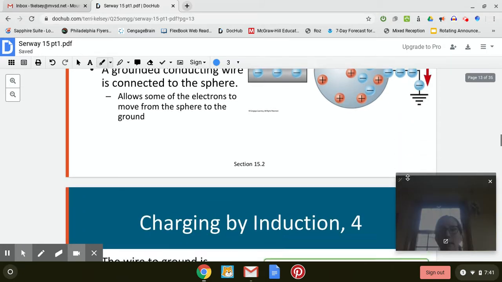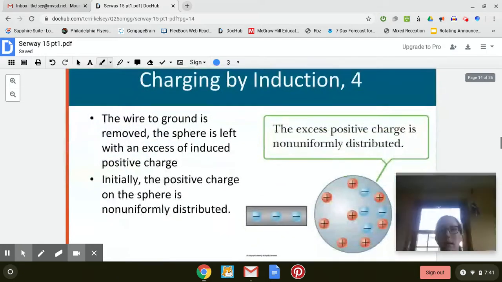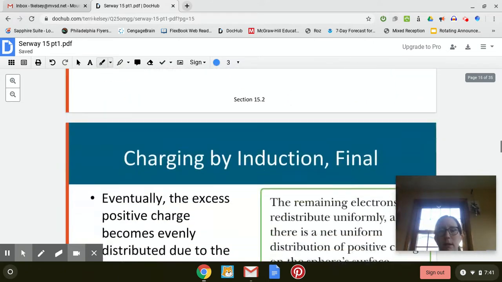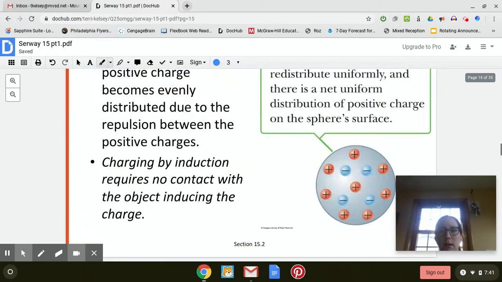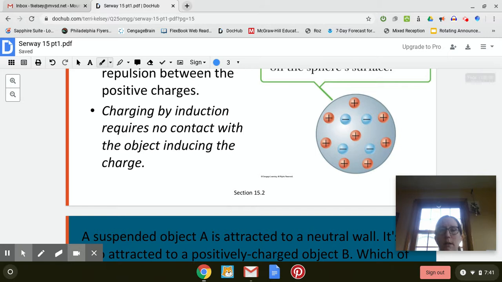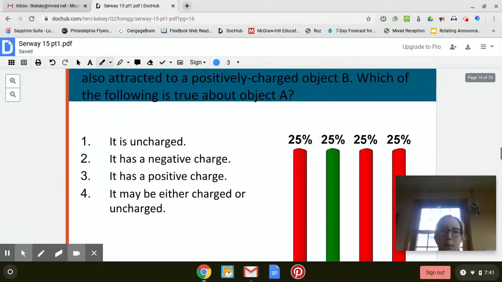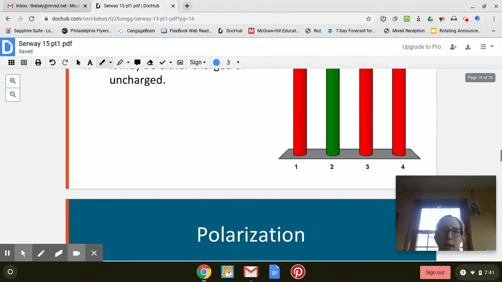So in the end, I will end up with something that is positive. Okay. And if you notice, the positives will redistribute throughout the whole object because they want to be away from each other. Okay, like charges repel. All right, so we went through that.